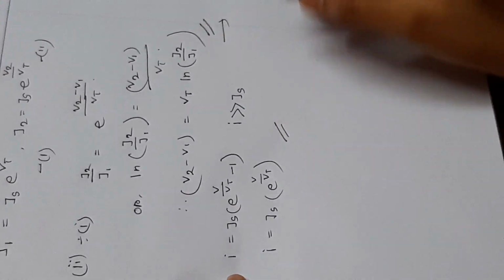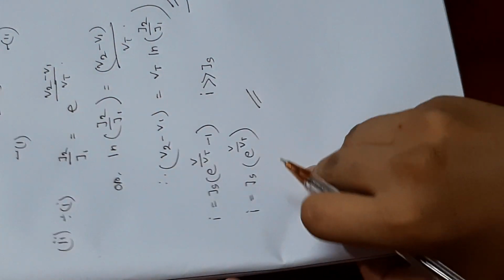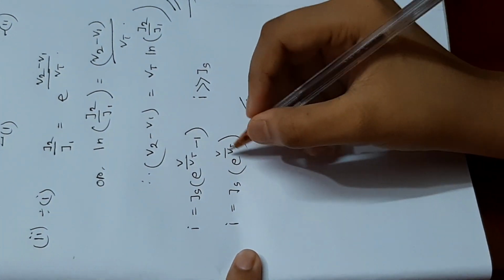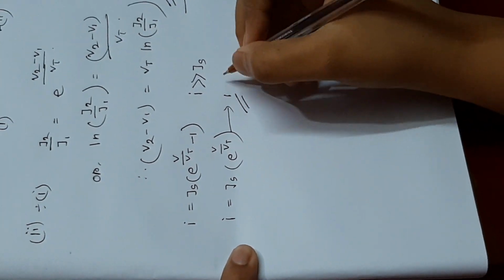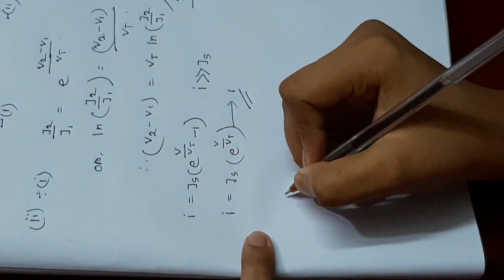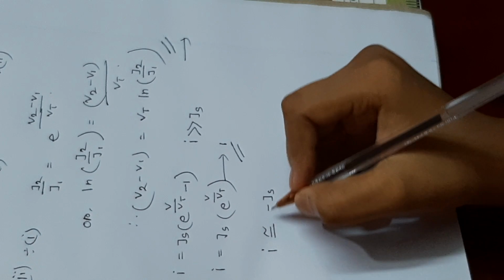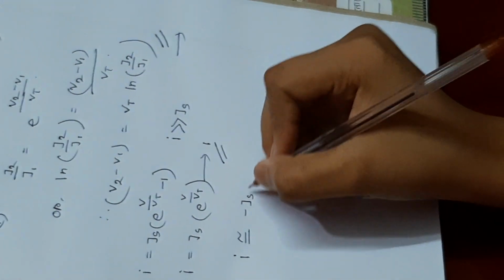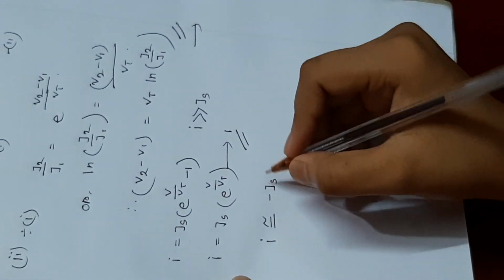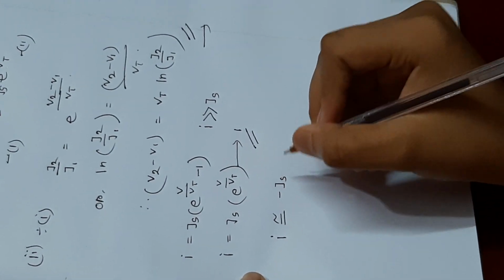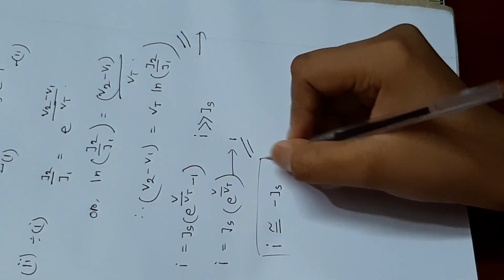So this is the forward region relationship. In the reverse biased region the exponential term becomes approximately unity, that is I is approximately minus Is, equal to the saturation current but in the negative direction, and as the saturation current is constant and depends on the temperature only, I also becomes approximately constant.